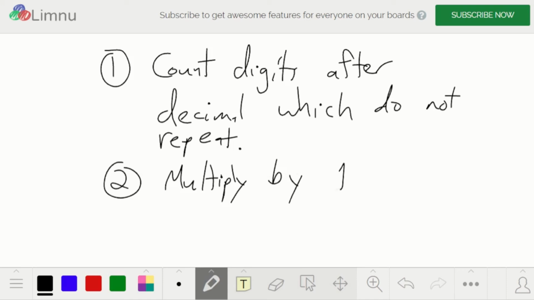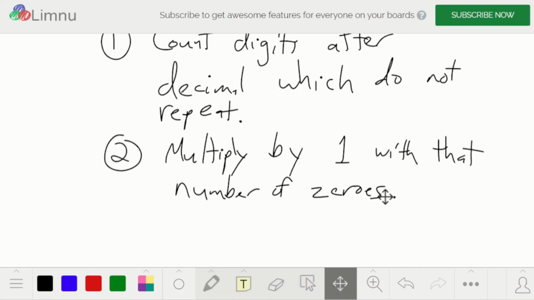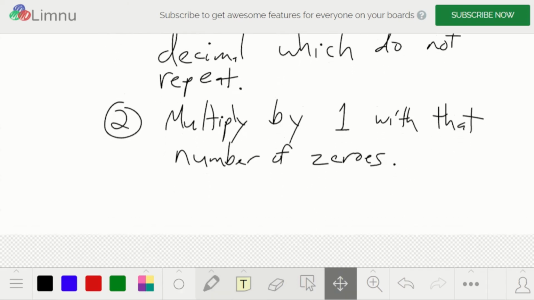So multiply by 1 with that number of zeros, so that number we came up with the first time. So if we have 3 digits after the decimal place before things start to repeat, we're going to multiply by 1,000.